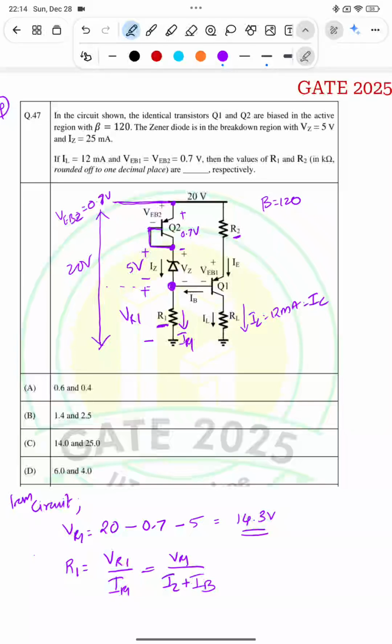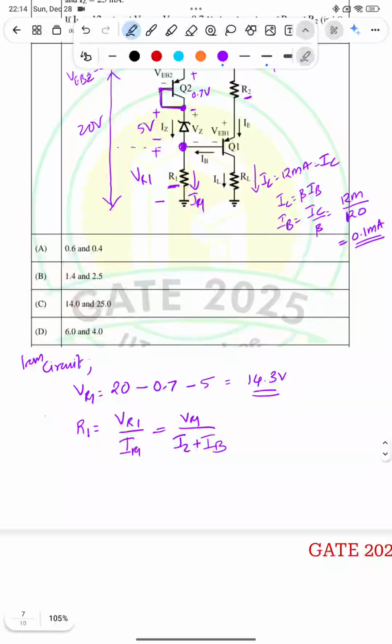Fine. So what is IC? IC is equal to beta IB, or IB will be equal to IC by beta. So IC is 12 milliampere and beta is 120, right? So IB will be equal to 0.1 milliampere. Fine.